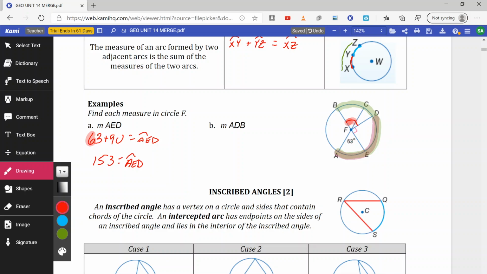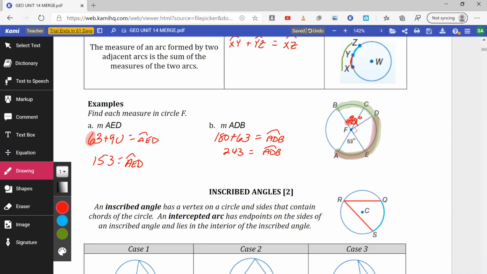So being a straight line, I've already got 90 degrees, meaning this part is also going to be 90 degrees. 90, 90 makes 180. So what I do now is I add my three angles, 90, 90, and 63. So 90, 90 makes 180 plus the 63 degree angle, and that's going to give me arc ADB. Add them together, I get 243, and that's arc ADB.